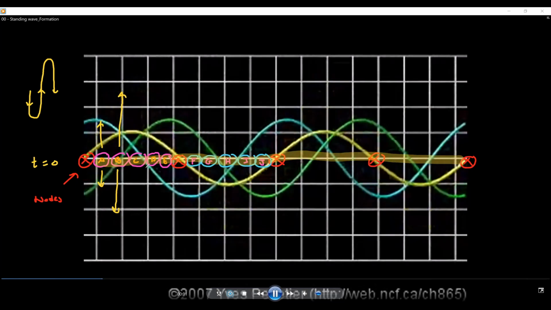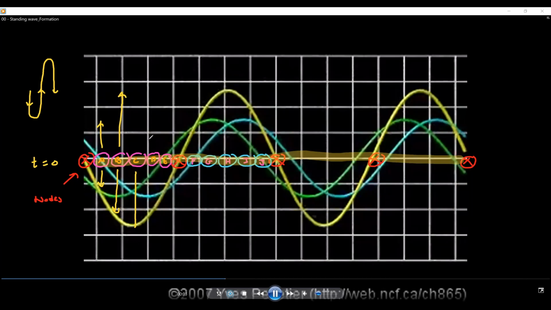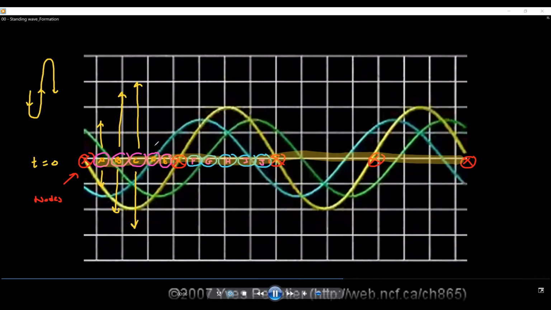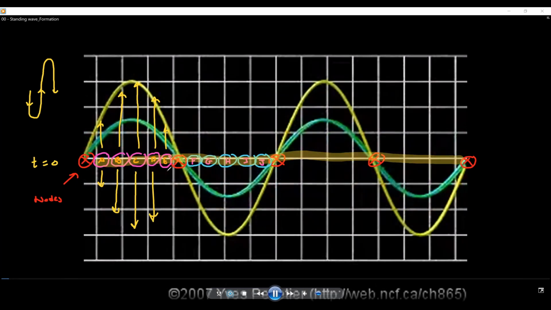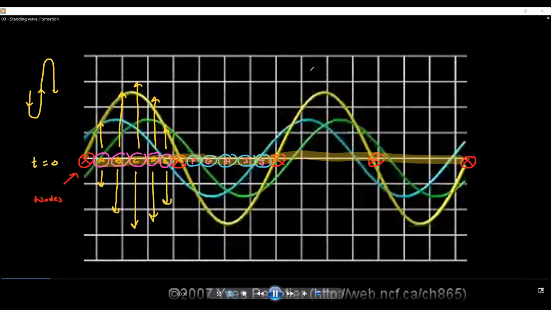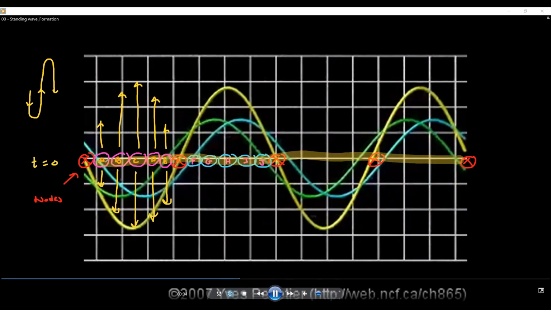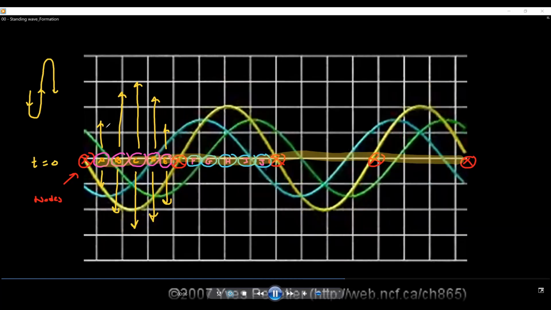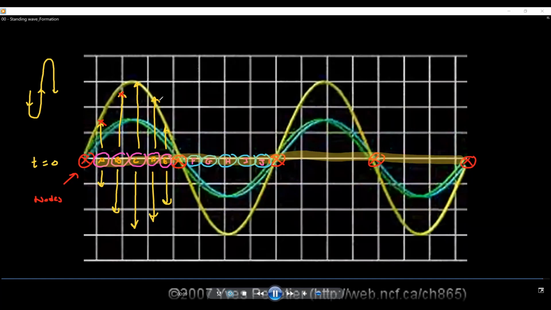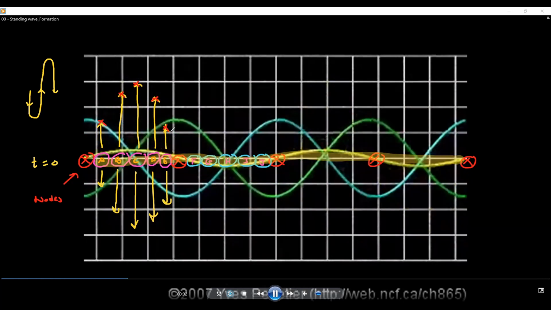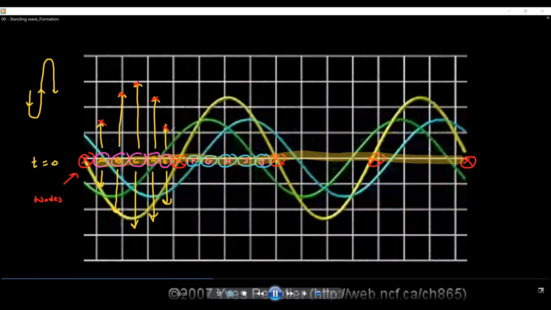So this motion is repeated for all the particles that you see right over here. Now, the only thing that is different here would be the amplitude for each of these particles. You will notice that each of these particles have a different amplitude. Amplitude, as you recall, is the maximum displacement from the equilibrium position.